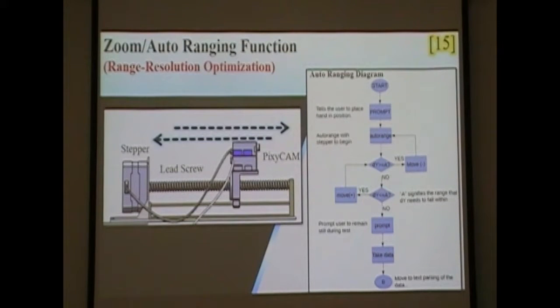As you can see, we are using the Pixie Cam and the stepper motor with a predetermined number of steps to move it back and forth, so that we remain within the range of delta Y, as you can see from the flow chart for this particular program.